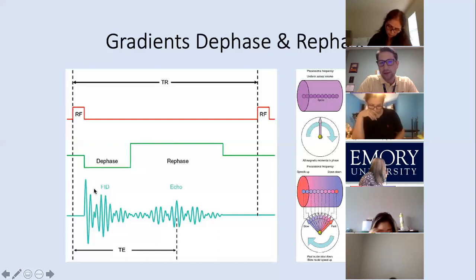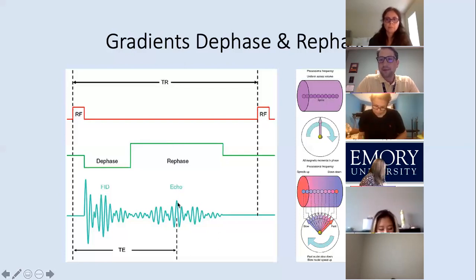See how it's not a uniform exponential curve going down; it goes down very fast. But then we apply, in the opposite direction, a rephasing or refocusing gradient pulse to regrow that signal amplitude. So you apply it in the positive direction.